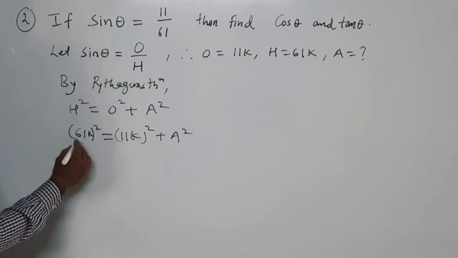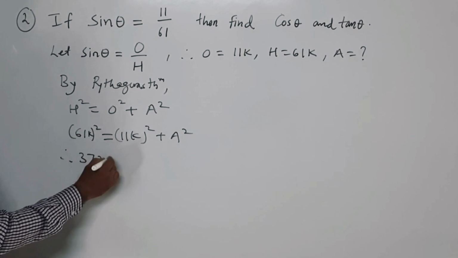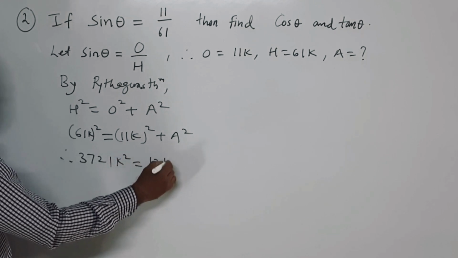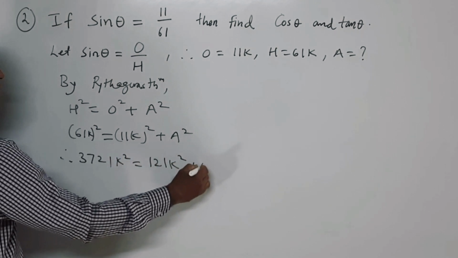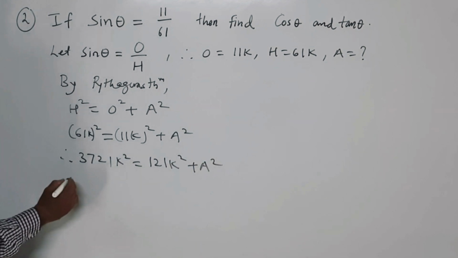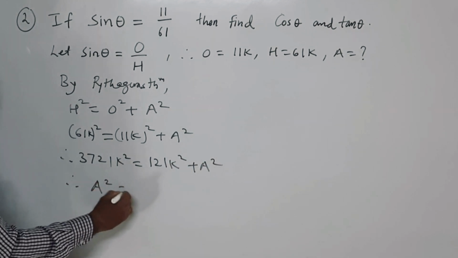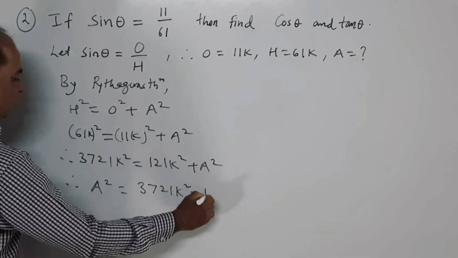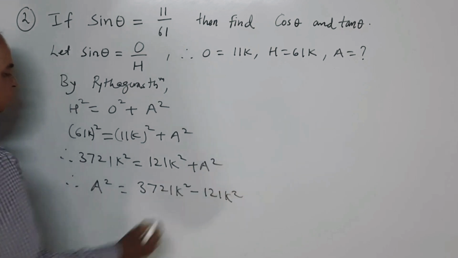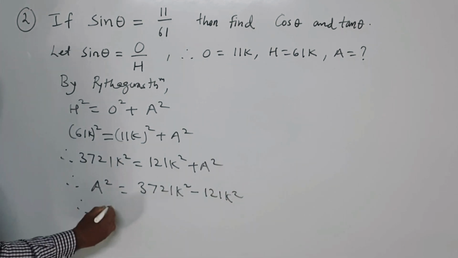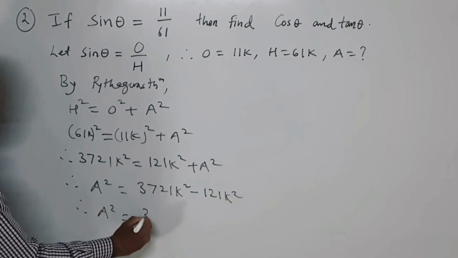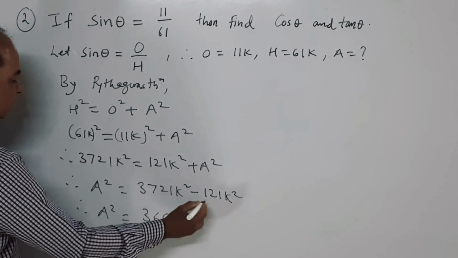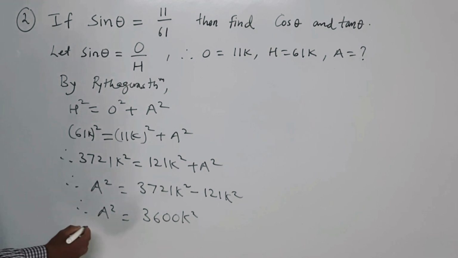Therefore, 61 square is 3721k square is equal to 11 square is 121k square plus a square. Therefore, a square is equal to 3721k square minus 121k square, which is 3600k square.